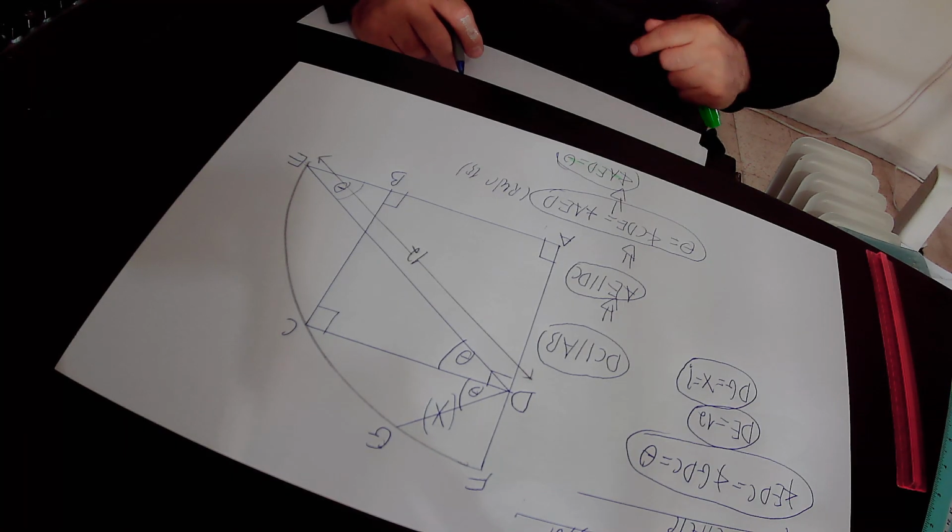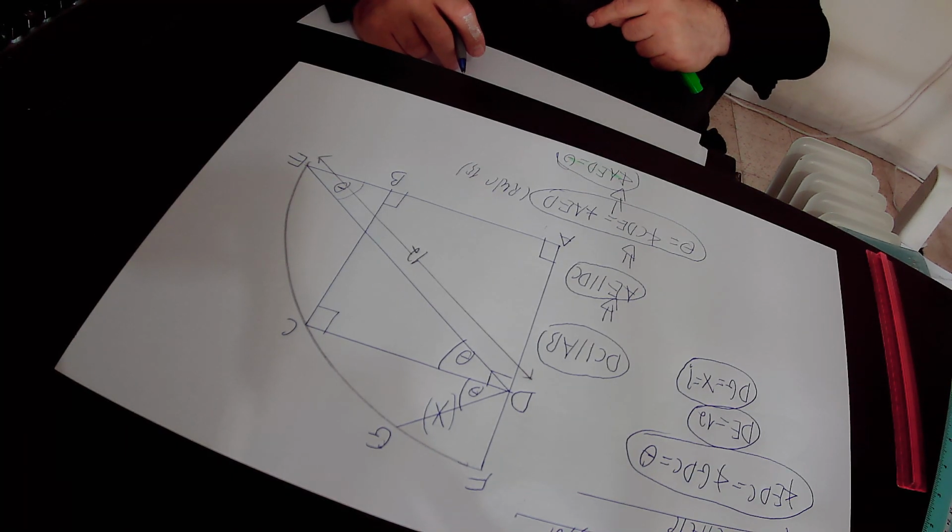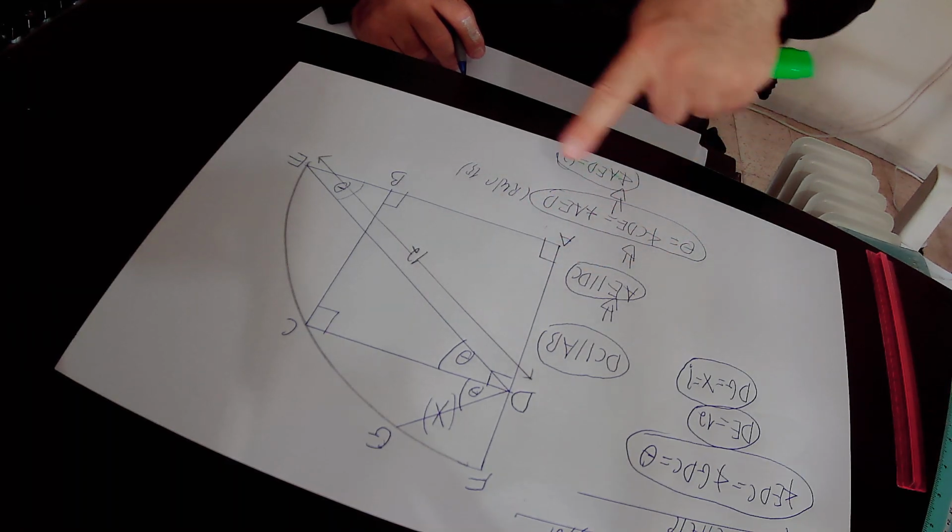In the next step, we'll do a construction: from point G, we'll draw a perpendicular to AB.